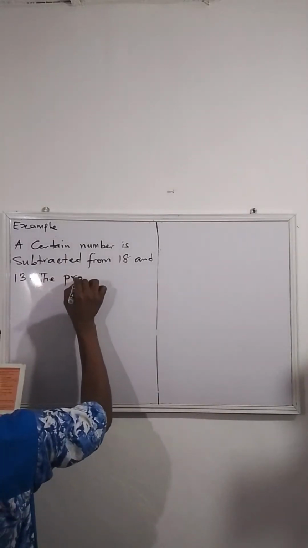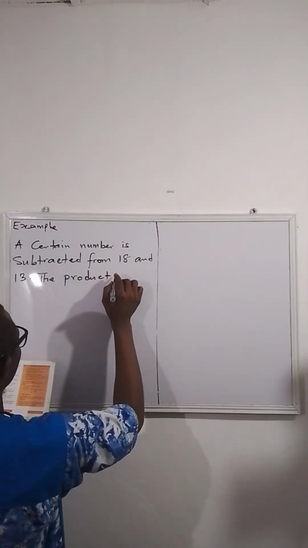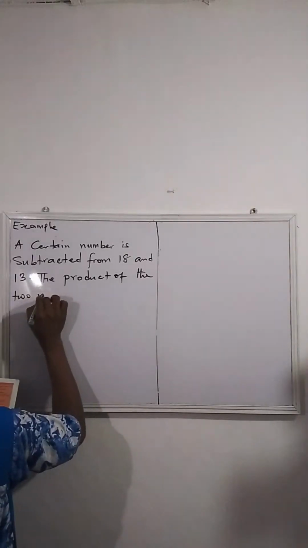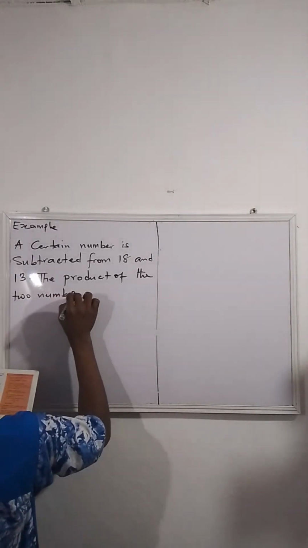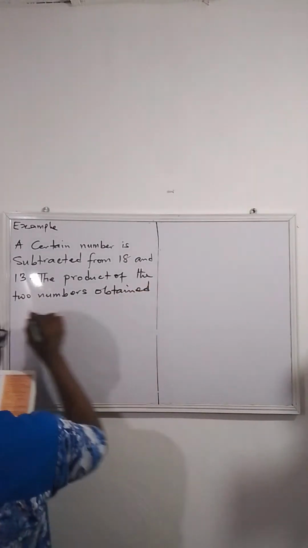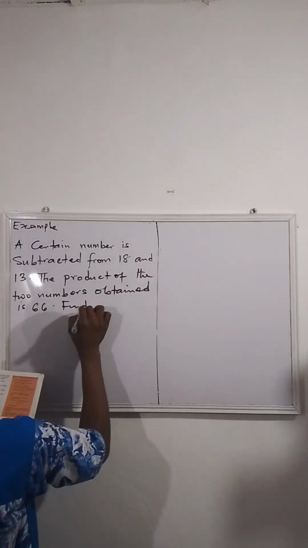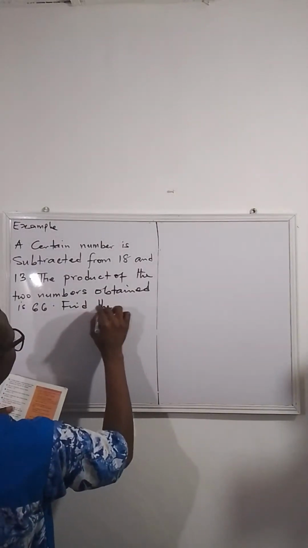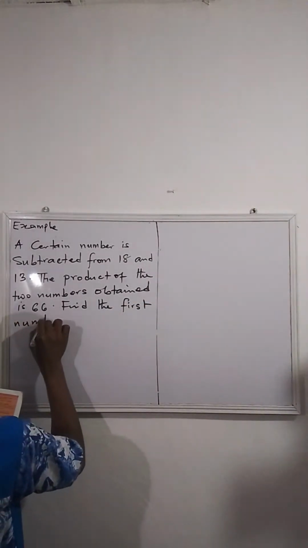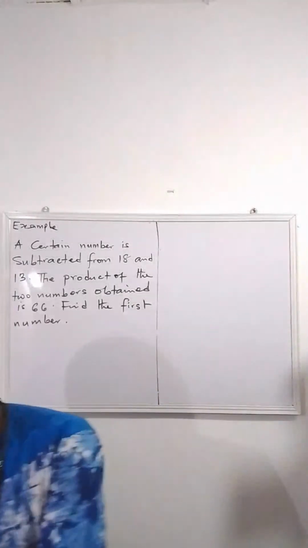The product of the two numbers obtained is 66. Find the first number.